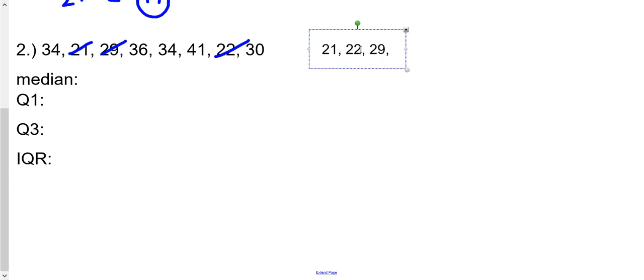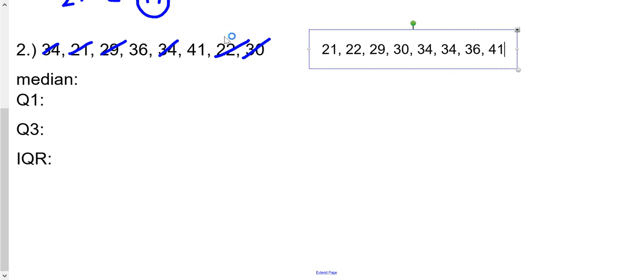And then I see a 30, which comes right after 29. So I can go ahead and write that. I've got 30. Next, I see two 34s. So 1, 2. I'll make sure to add in two 34s. 1, 2. And then I have 36 and 41 left. So there I added my 36 and I added my 41.